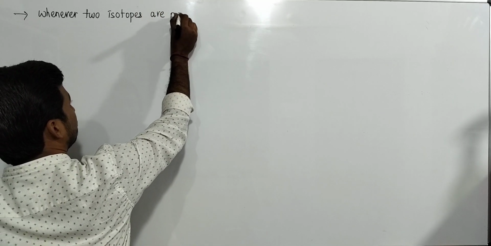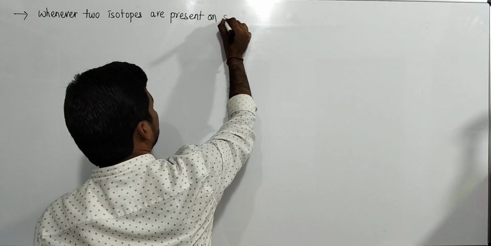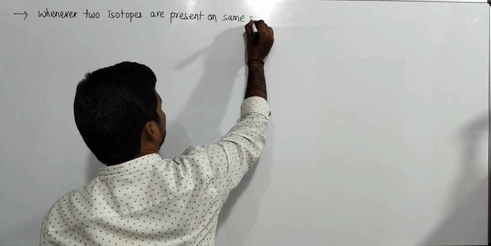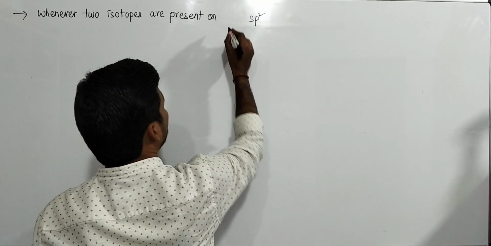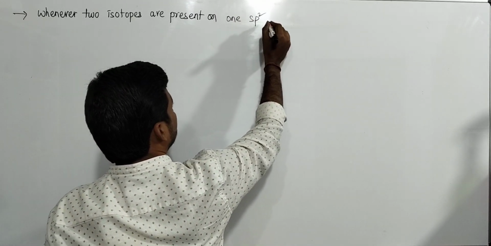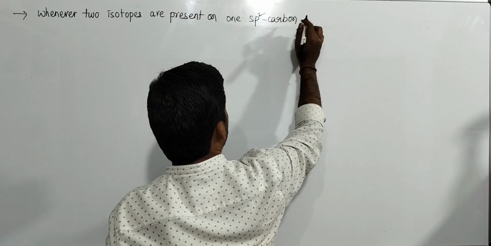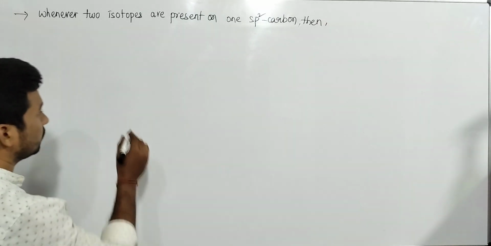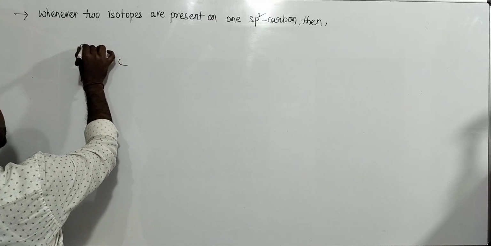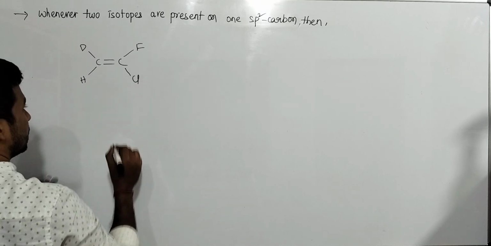For example, like this, here hydrogen is present, here deuterium is present, here chlorine, like this.